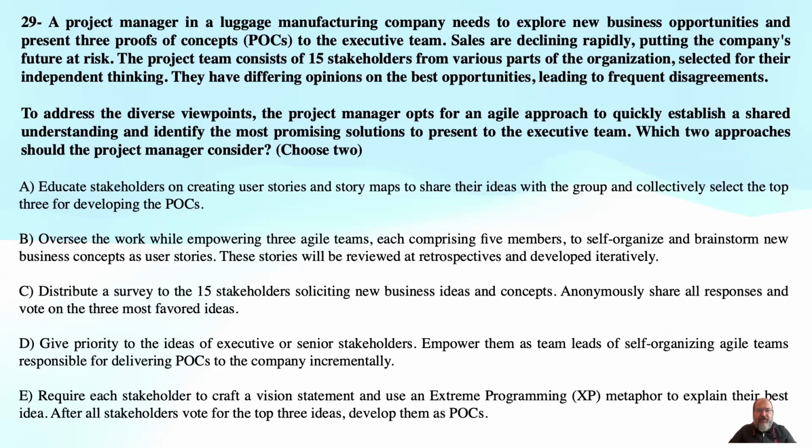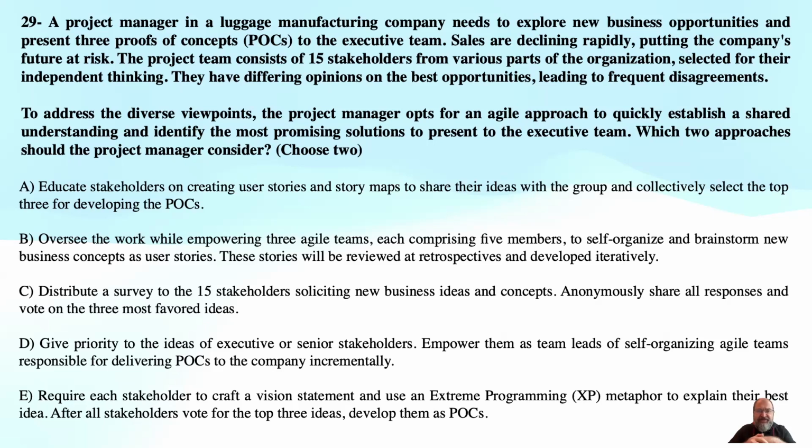Option alpha involves training stakeholders on creating user stories and story maps to facilitate effective communication and decision making. It fosters collaboration and ensures that the selected ideas are well understood by the team.